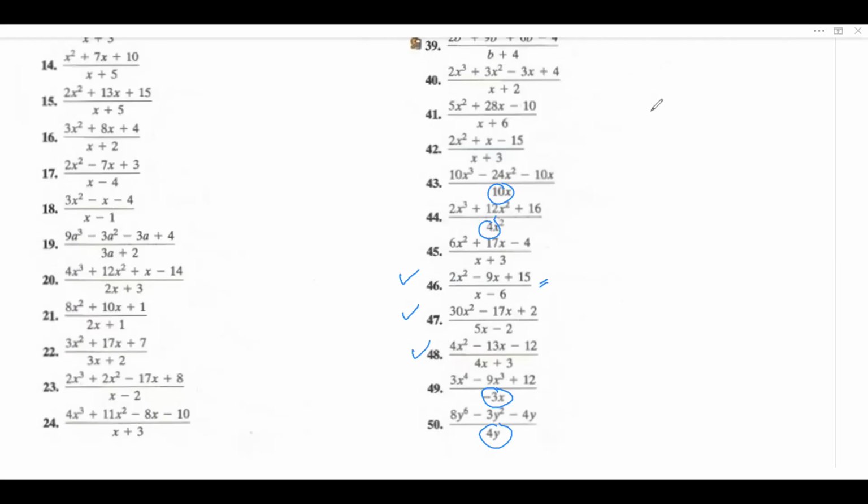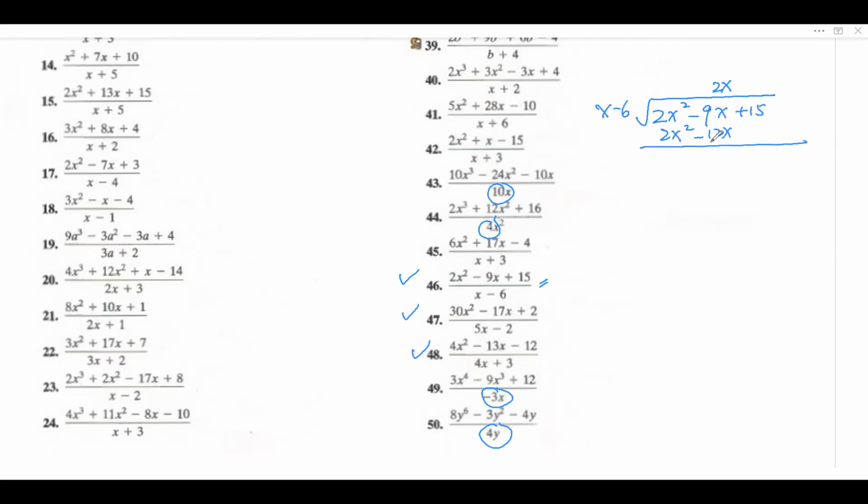Let's see the 46. All right, so let's divide x minus 6. So you can see with sequence length, right? Okay, so here you find a term times x exactly match 2x squared is 2x, right? So 2x squared minus 12x.